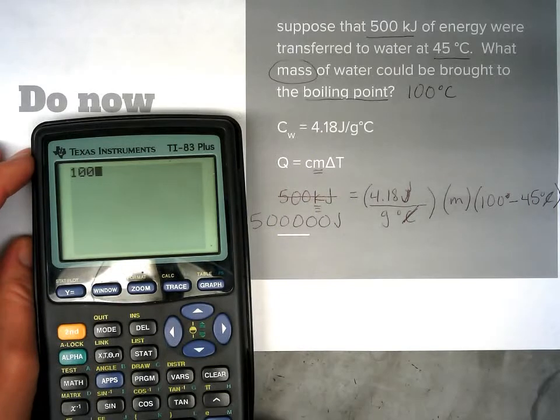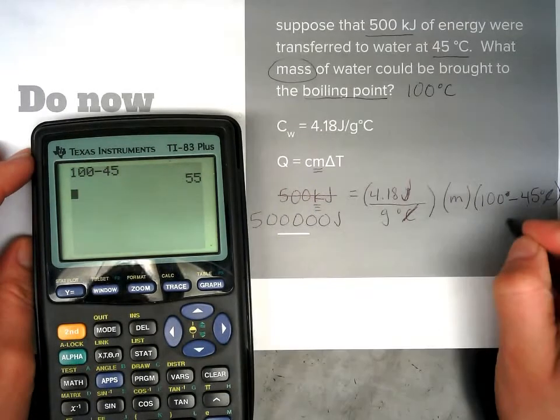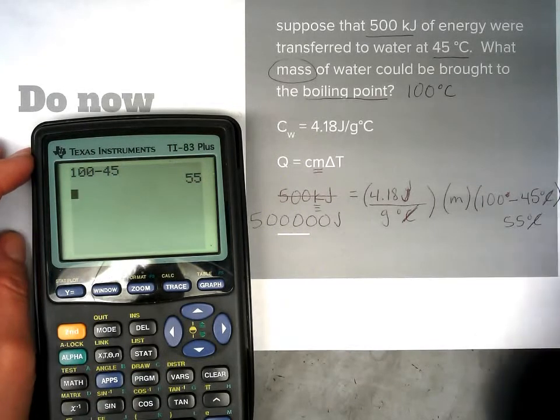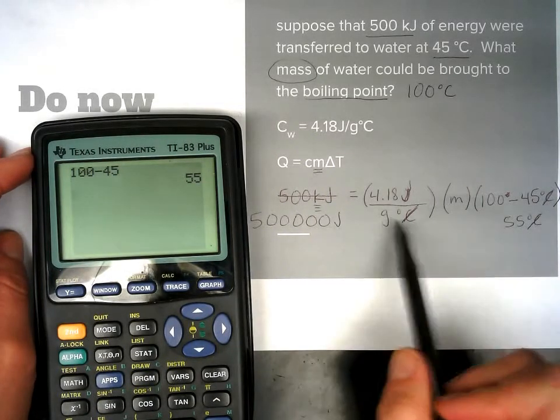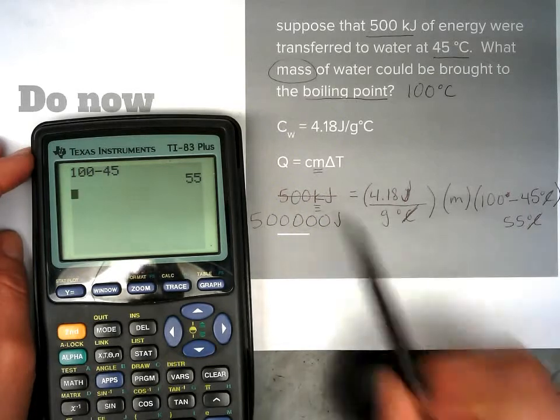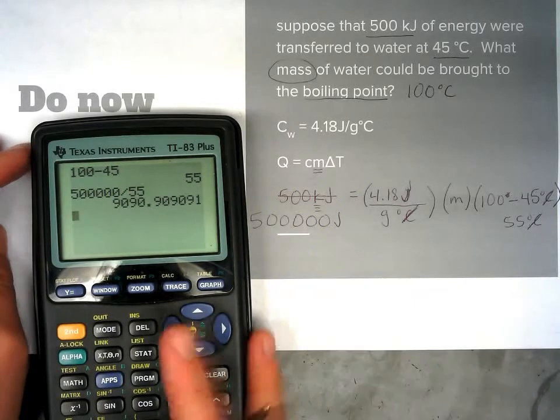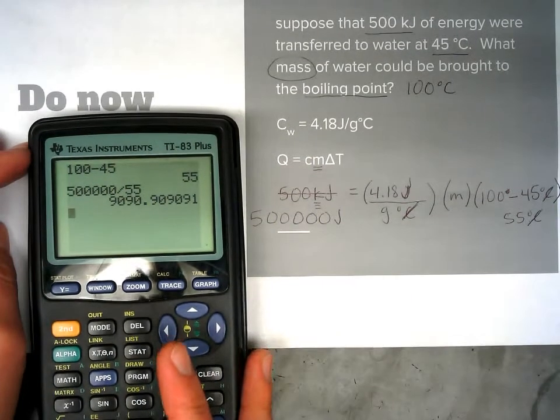So first I'm going to go 100 minus 45. So my temperature change here is 55 degrees Celsius, but again that Celsius cancels out. So I'm just going to start rearranging my equation and moving everything over here. So 500,000 divided by 55 equals 9090.